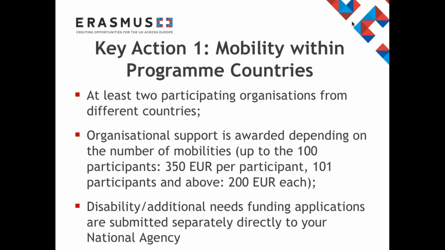For each individual that needs the additional disability funding, you submit an application to us at the national agency with supporting information. After receiving the application, we assess each application on a case-by-case basis. There's more information on this on page 43 of the program guide.